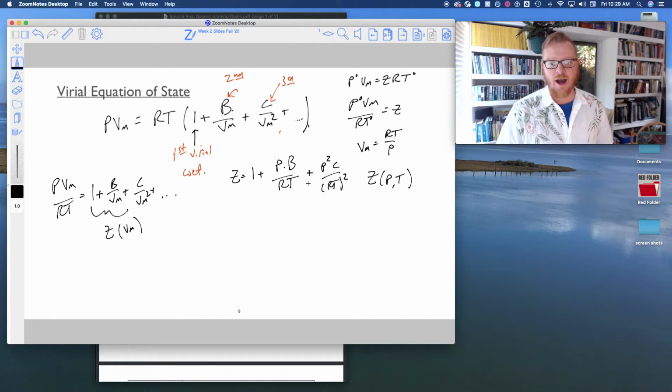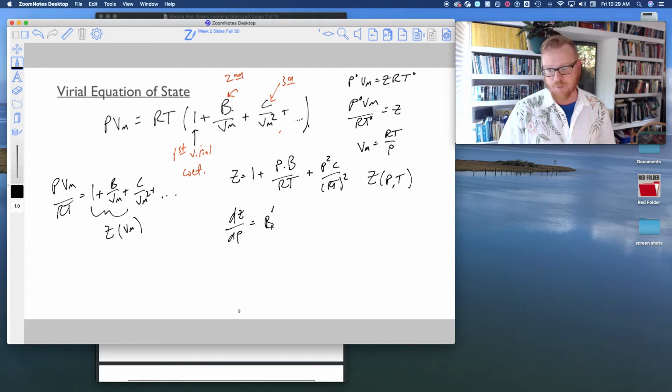And so if we do some analysis on this, if we were to say, for example, dZ by dP, so what is the dependence of the compression factor on pressure, dZ by dP, right? Then we would get, whatever derivative this is, we recognize all of these are constants. So I'm just going to write this as B prime because we recognize here that the pressure would drop out. So then I would just have B over RT.